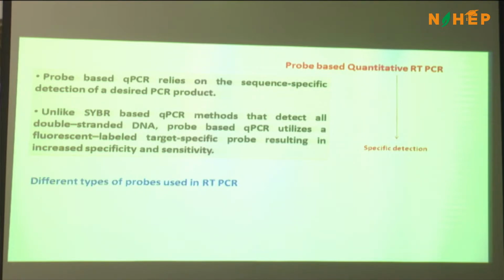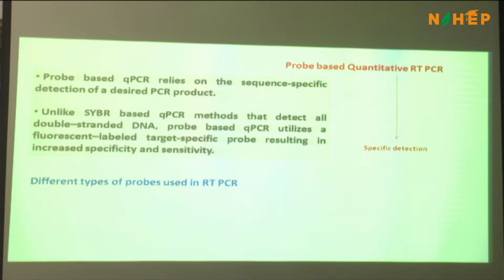You are designing the probe. Probe means the nucleotide sequence, and it's equal to primer designing. There is no difference. You are supplying it, and the company will manufacture that probe for you. We call it a probe because, using that particular sequence attached to the two chemicals, you are probing what's going on there.